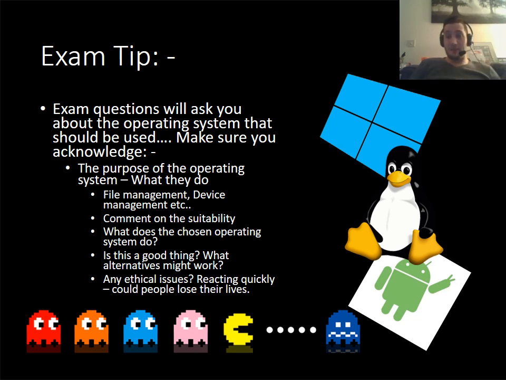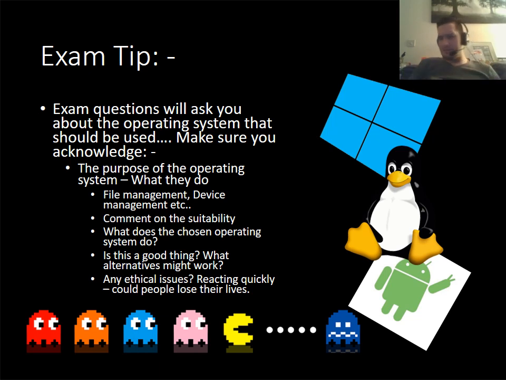In previous questions, a lot of you didn't comment on what the purpose of an operating system was. You just went straight into talking about which operating system you would use for the job. So make sure you talk about the purpose of any operating system, then relate that to the suitability of the scenario. What does the one that you've chosen do, and what is good about it?